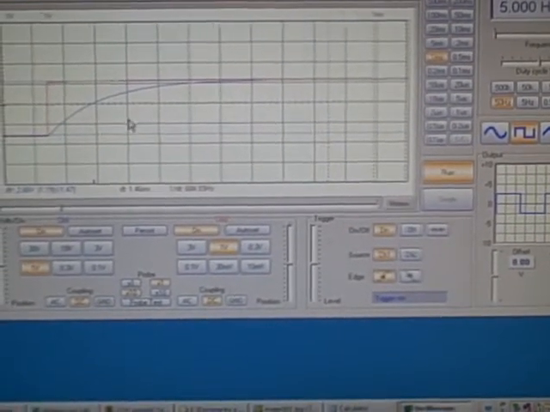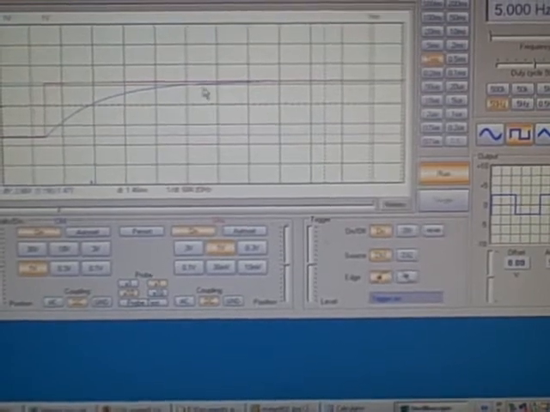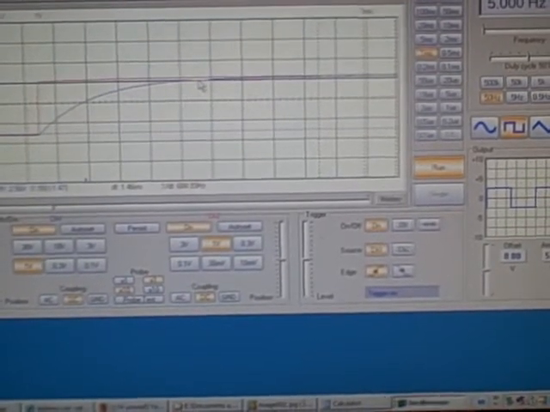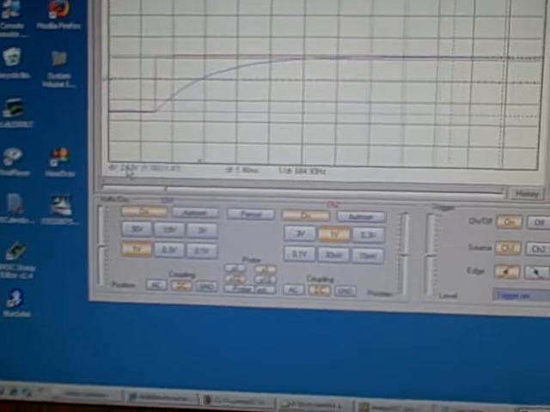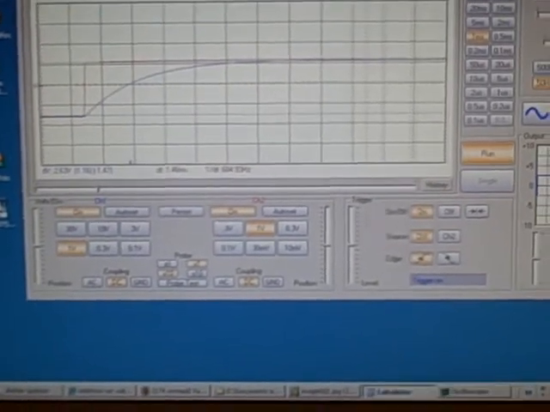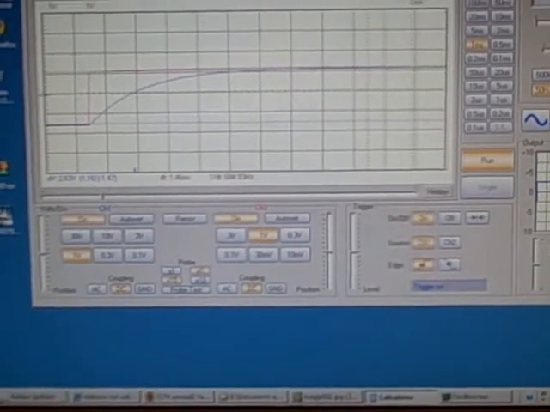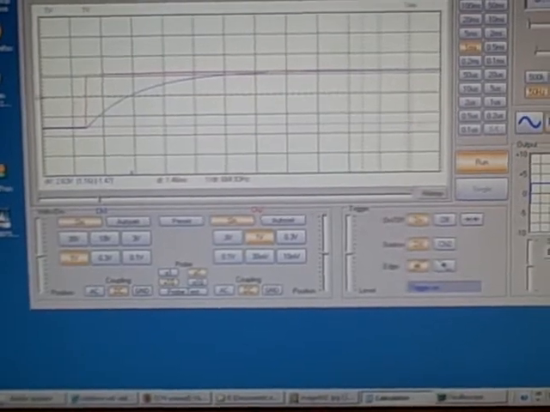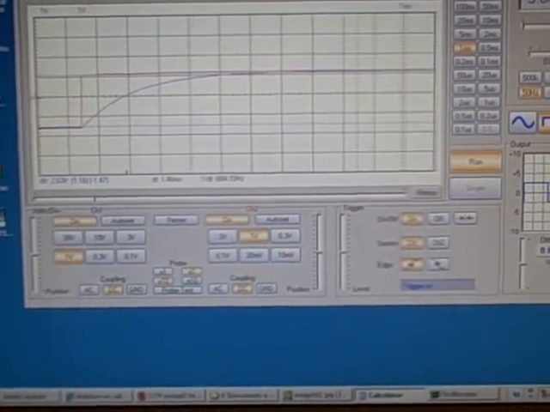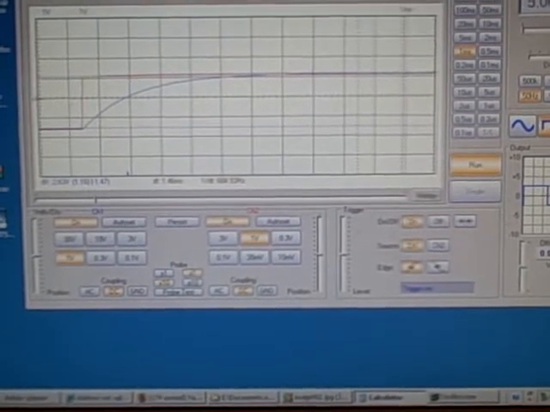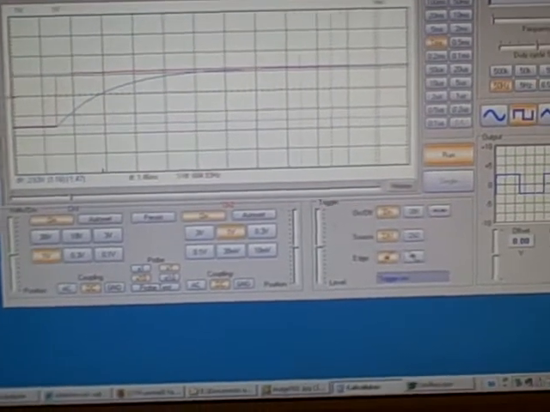So what you can do is take a look at the difference between the top and the bottom, which right now is 2.63 volts. And if we look at what 63% of that is, it's about 1.65.